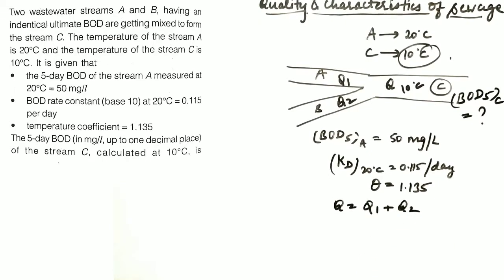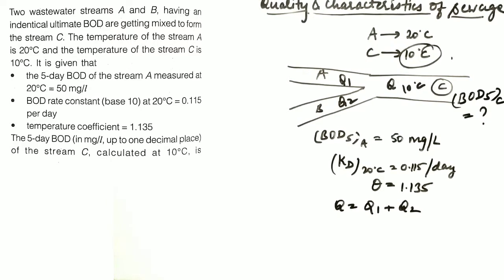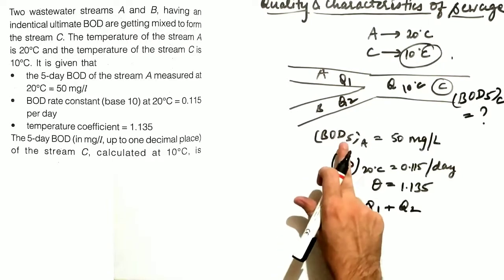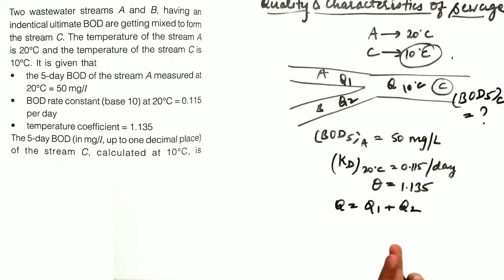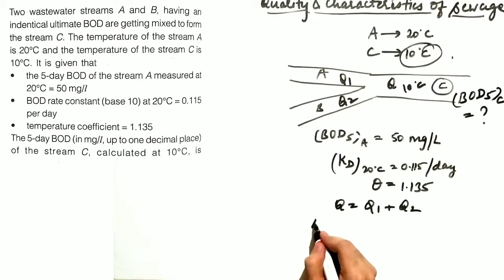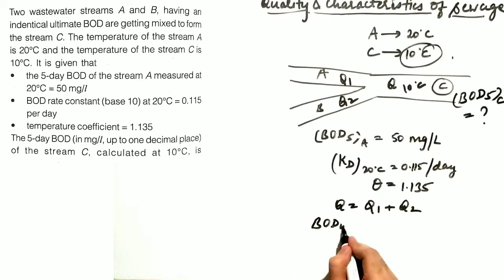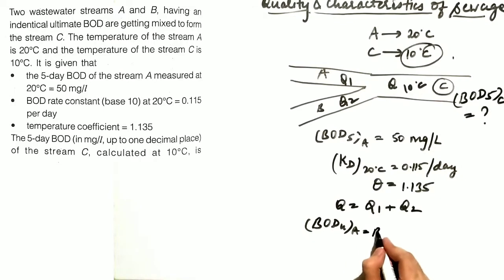Very simple, this is very logical. Both streams A and B have similar ultimate BOD. You are given the BOD 5 of stream A, so you can calculate the BOD ultimate of stream A, which will be equal to the BOD ultimate of stream B as well, because it is given in the question.